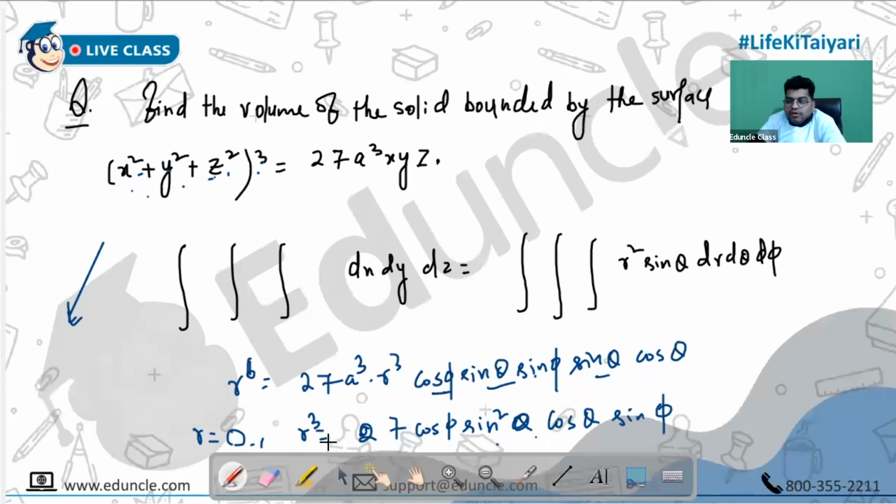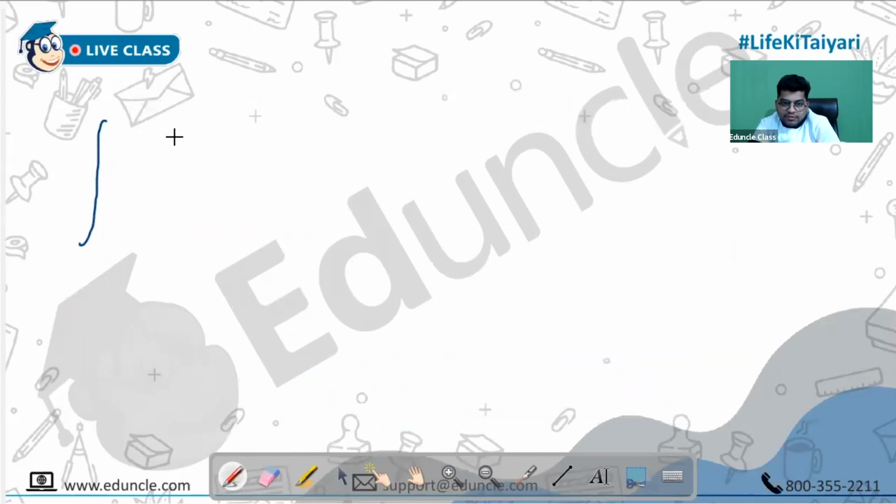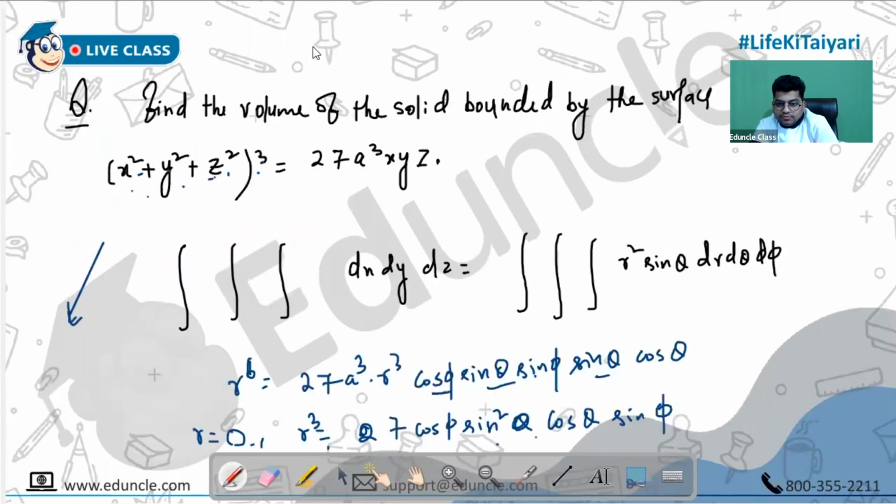The r value is 0 to 27, meaning 3 cos phi sin square theta, and this is the 1 by 3 power. So what can I write down here? A is also there, no? A cube is also there, yes, a cube 27.